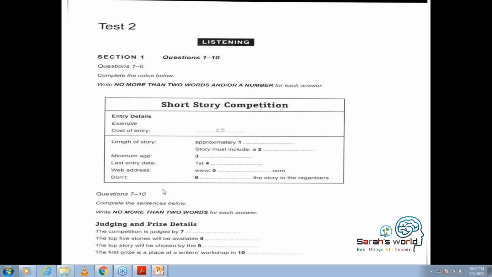Yes, that's right. It takes them quite a while to read through the entries, but eventually they decide on the top 5 stories. I see. And what happens then? Well, they will be published online so everyone can read them. They will not be in any order at this point. They will just be the 5 stories that the judges think are the best.